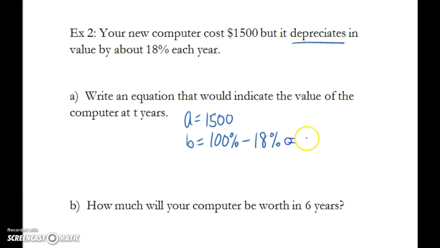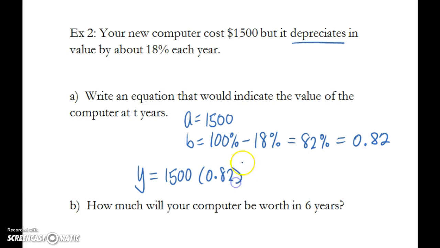This works out to be 82%, which as a decimal is 0.82. That's less than 1, confirming the fact that it is indeed decay. So our function looks like the following. Y equals A, which is 1,500, times B, which is 0.82, to the t power.